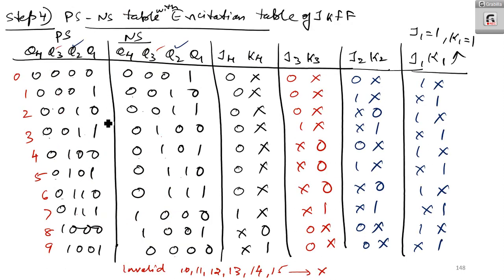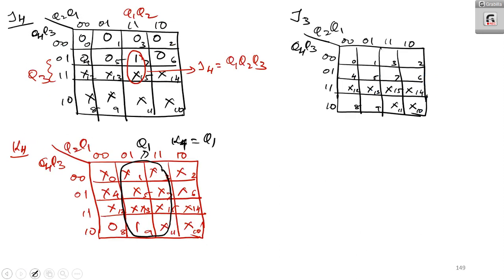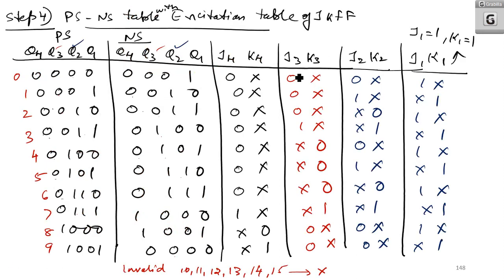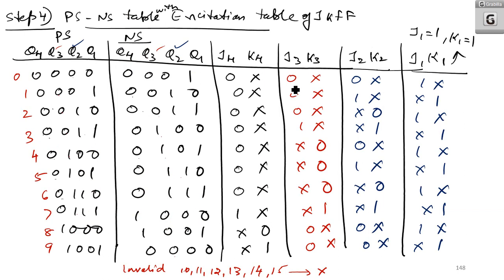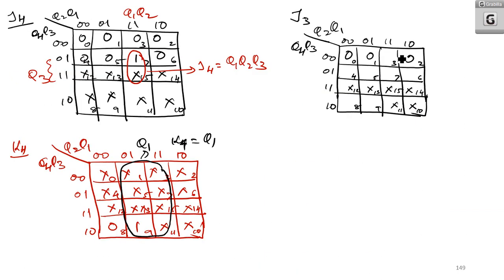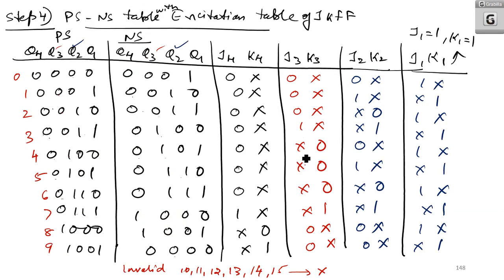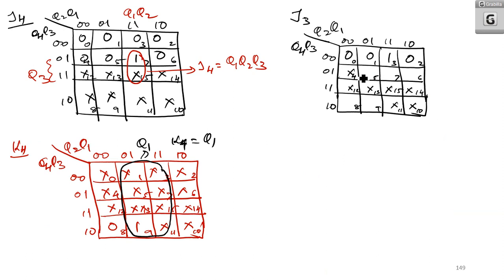Now we need to find J3. For cells 0, 1 and 2 it is 0. Cell 3 is 1. Cells 4, 5, 6 and 7 are don't care.